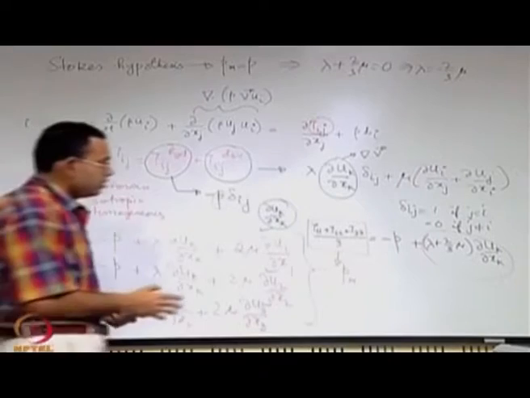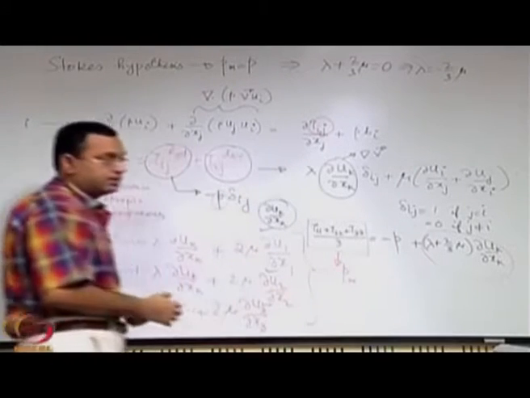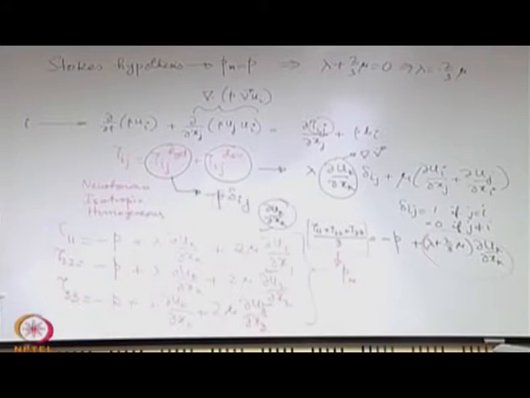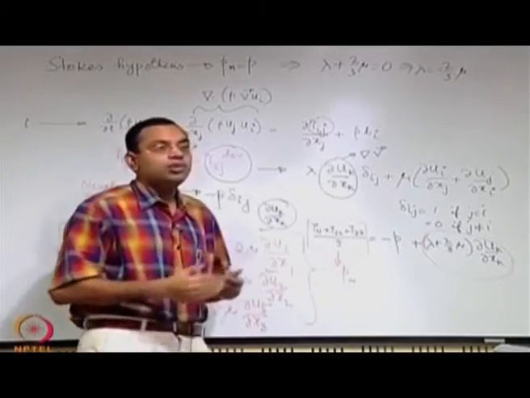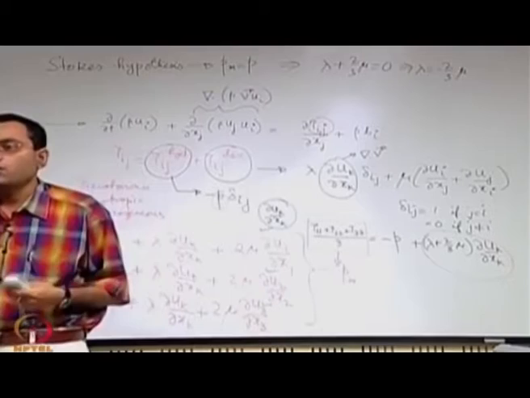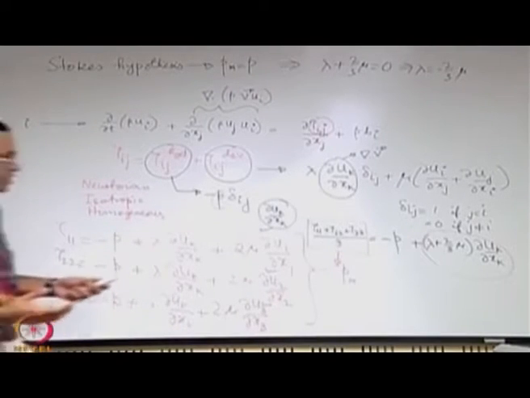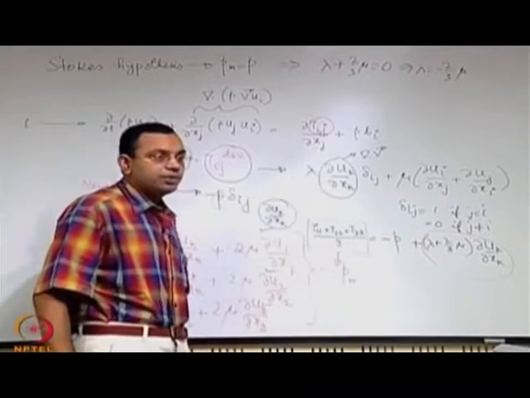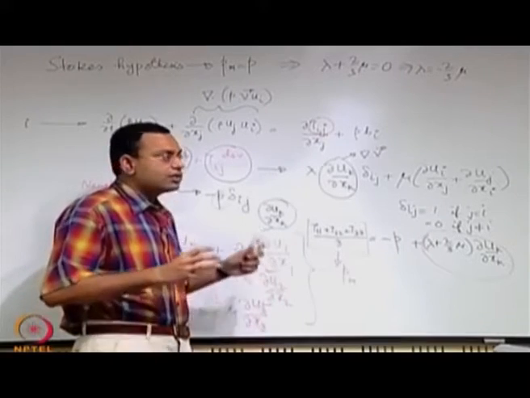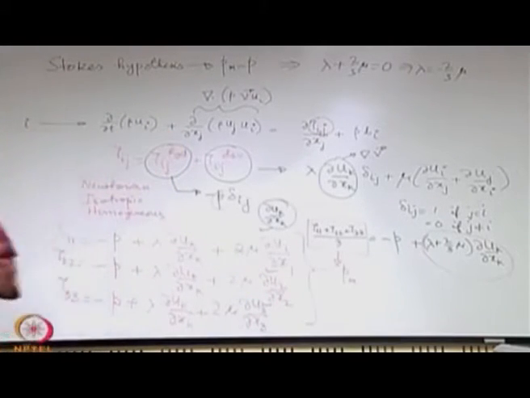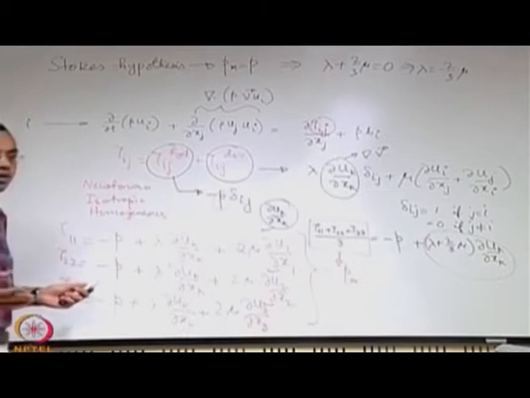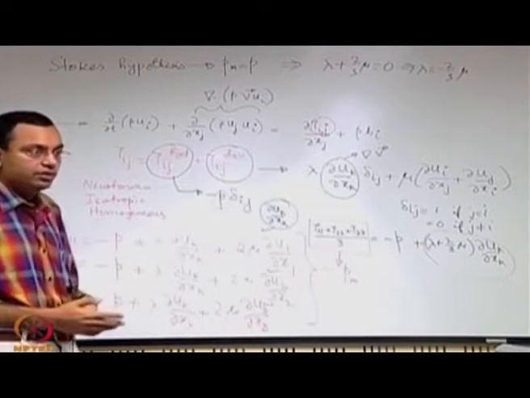See, mechanical pressure, what does it represent? It sort of represents the effect of the translational mode of energy of molecules, whereas a thermodynamic pressure sort of represents the translational, rotational, vibrational, all modes of energy of a system of molecules.